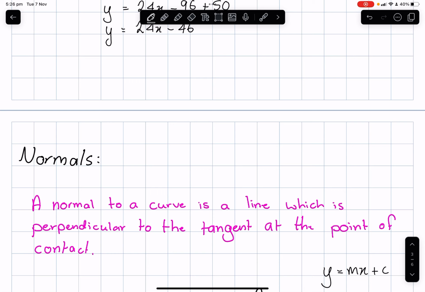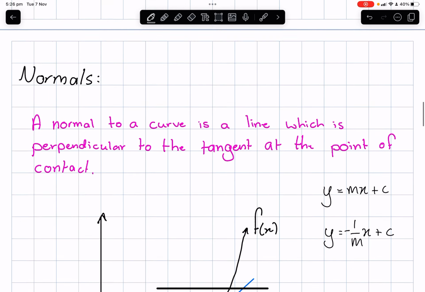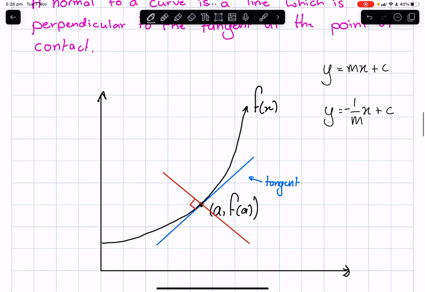Let's have a quick look at normals. Now, a normal to a curve is a line which is perpendicular to the tangent at the point of contact. Now, perpendicular, hopefully you remember, means it meets at a right angle. So I've got a little diagram here. If I've got my tangent in blue, then my normal is perpendicular, or at a right angle, to that line.